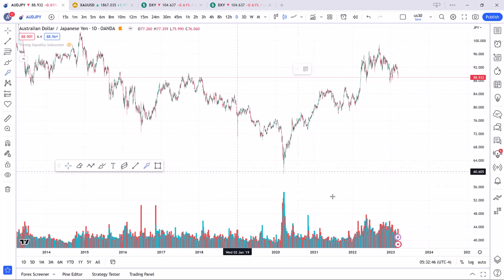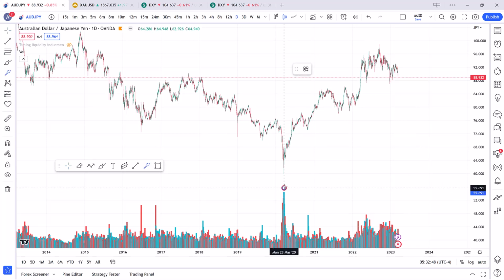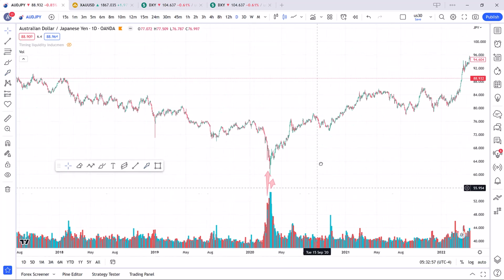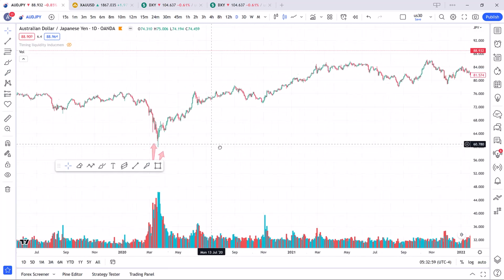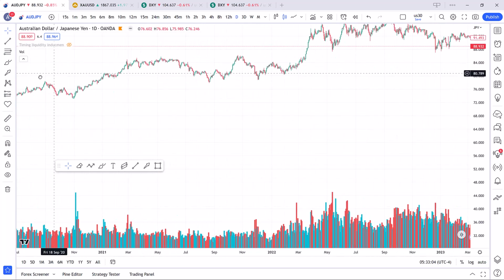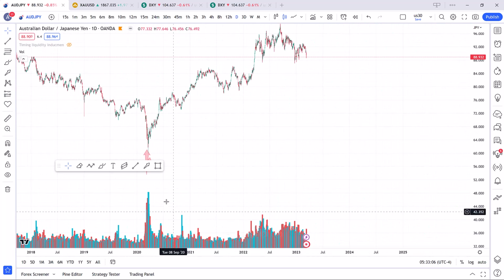You can see that we have a very high volume here, and we have even high volume on these selling candles, but you can see that the market starts to rally, and after that we should see a volume like this.